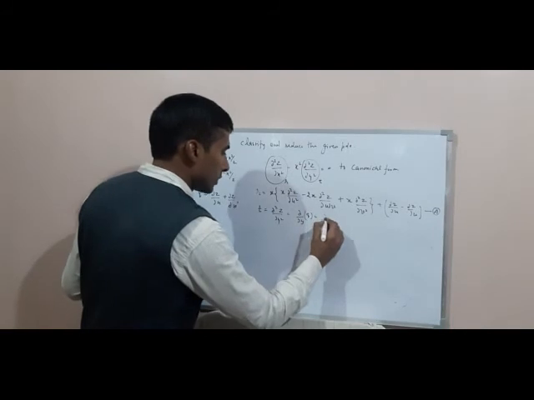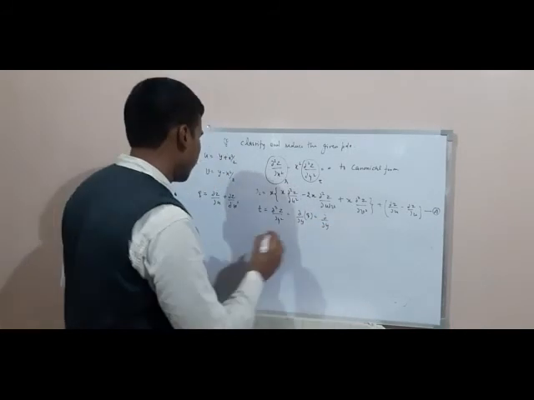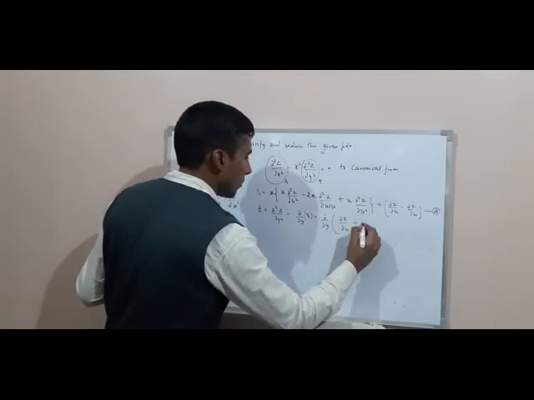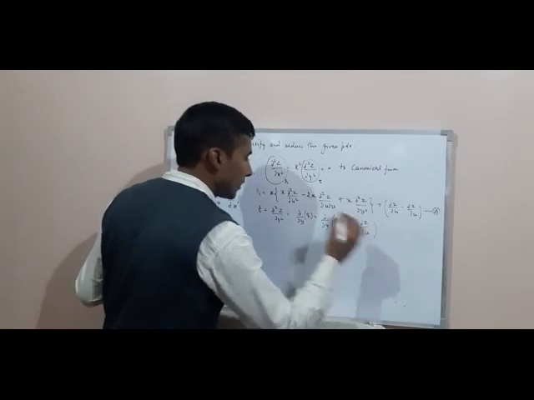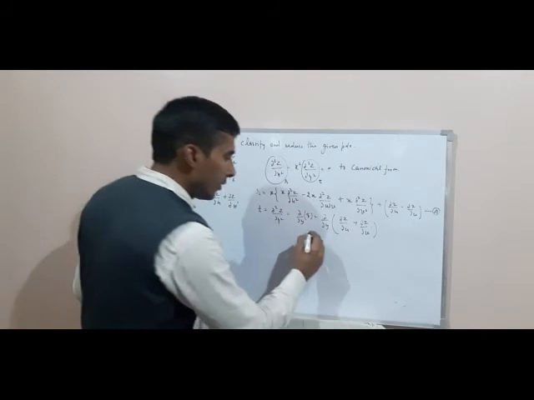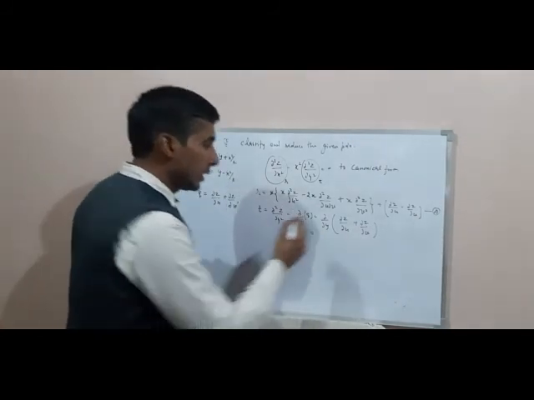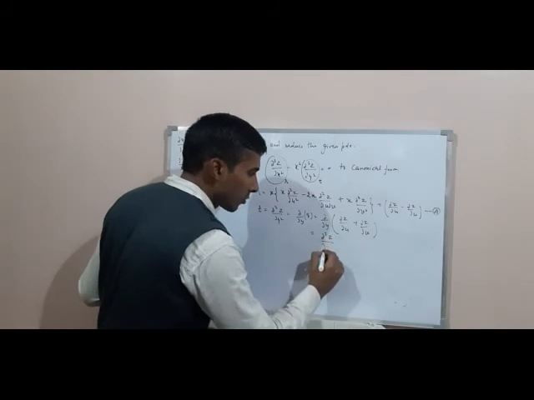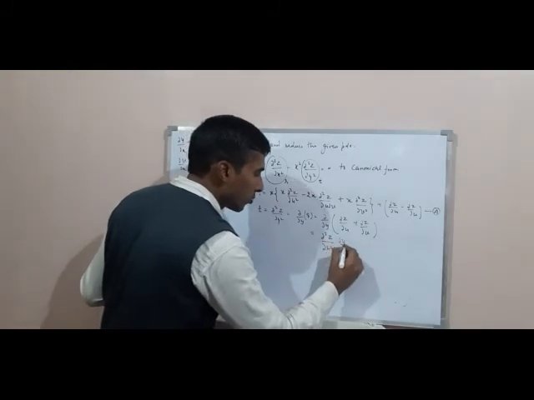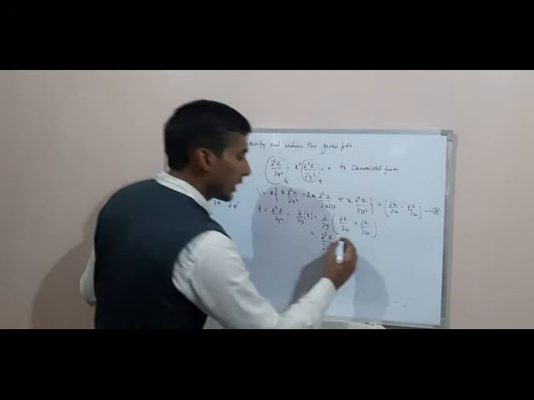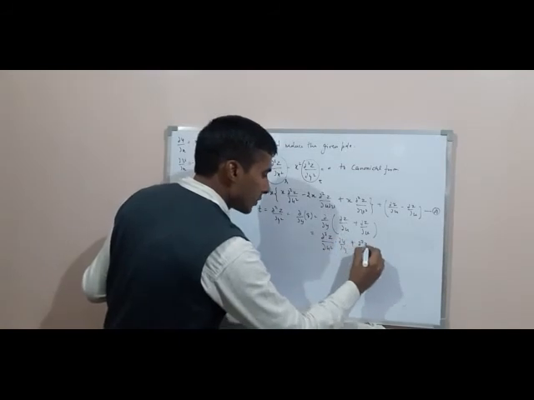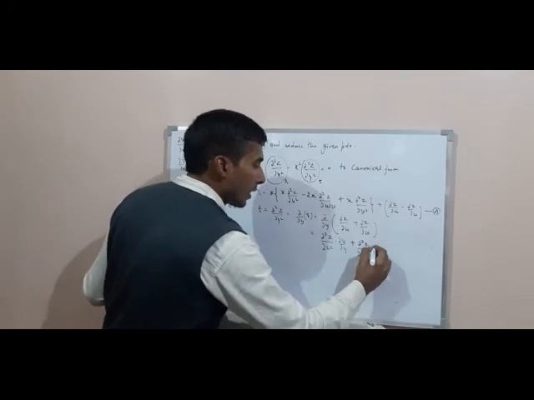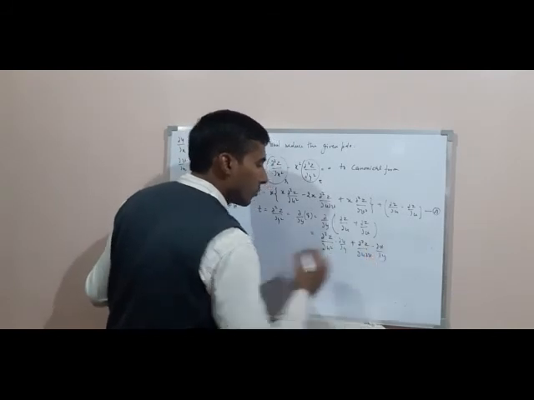So this is ∂/∂y and the expression is ∂z/∂u plus ∂z/∂v, and when we differentiate it, it can be written as ∂²z/∂u², ∂u/∂y. The second one is ∂²z/∂u∂v and ∂v/∂y.